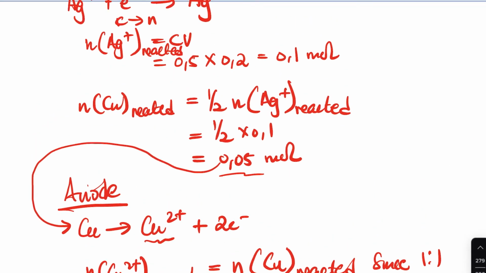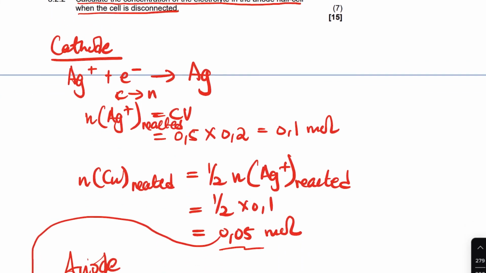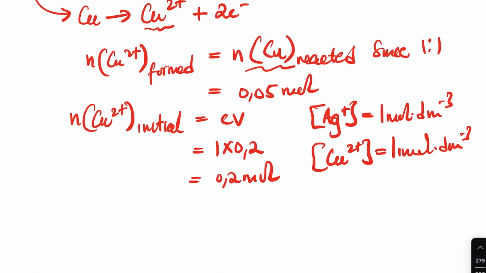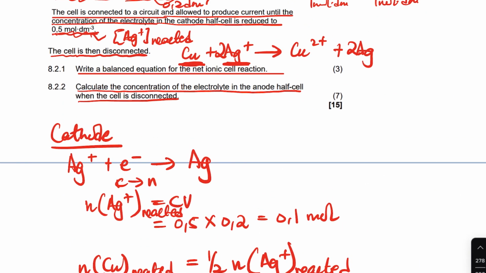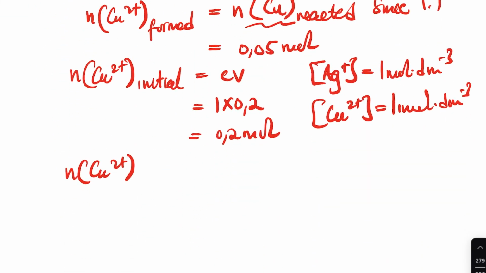So in order to get the final, which is the amount that is left at equilibrium, we can say the number of moles of copper ion, Cu2+. The question says calculate the concentration in the electrolyte half cell when the cell is disconnected. So we want it at equilibrium.